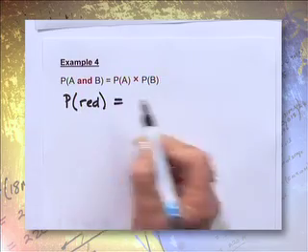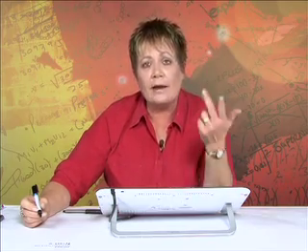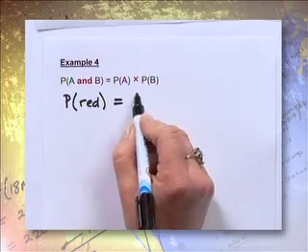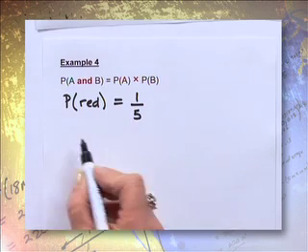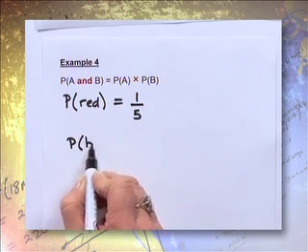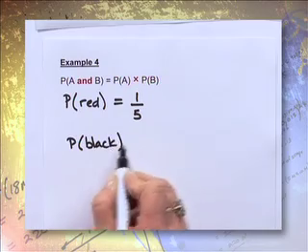Okay, so let's have a look at that. How many socks do we have in total in the drawer? We've got 2 black, a blue, a red, and a white. So that gives us a total of 5. So the probability of choosing a red, we've only got 1 red in the drawer, is going to be 1 over 5. Whereas the probability of selecting a black pair, how many blacks do we have in the drawer? 2.